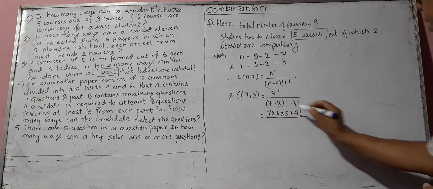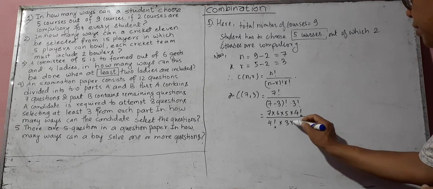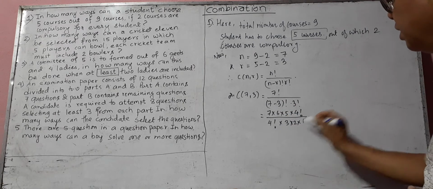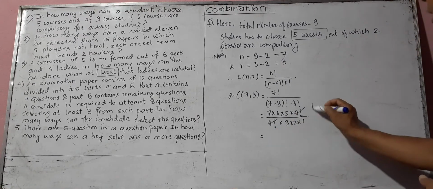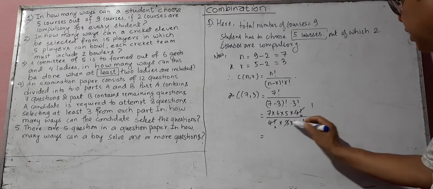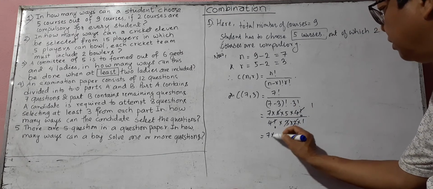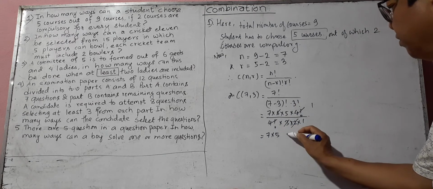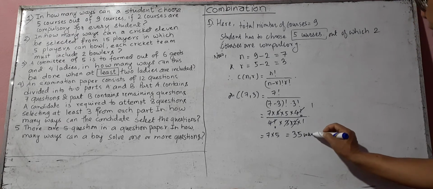Divided by 4 factorial times 3 into 2 into 1. The 4 factorials cancel out. 3 times 2 is 6, and the 6 cancels. So the product is 7 times 5, that is 35 ways.